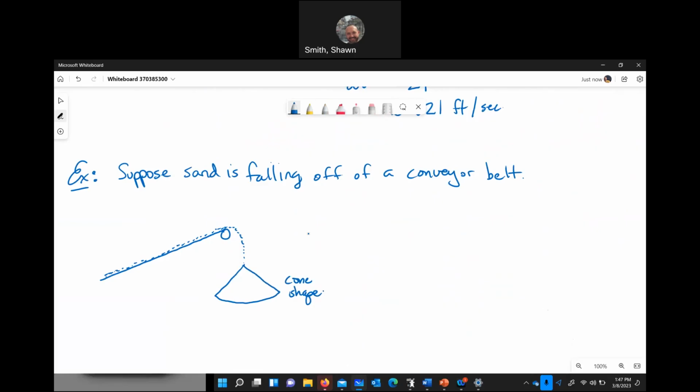All right. So it falls off the conveyor belt onto the ground with a radius. I think there's a delay today. I need to shut this computer down one day.